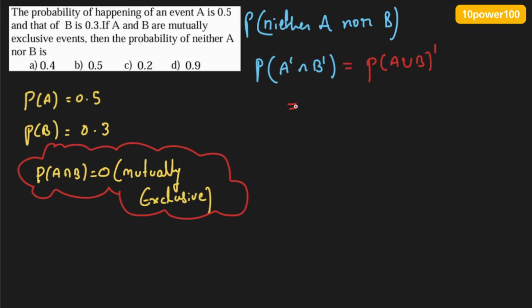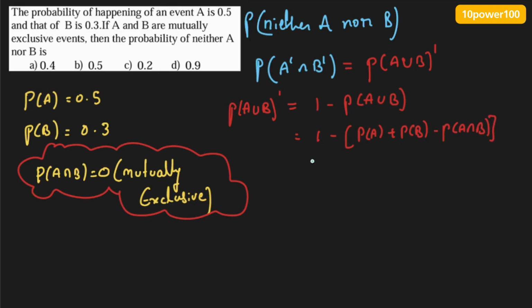Now any not event can be taken as 1 minus the probability of the event, right? So the probability of A union B the whole dash is 1 minus the probability of A union B. Now with our actual formula we'll solve this. So 1 minus P of A union B can be taken as 1 minus, P of A plus P of B minus P of A intersection B. So everything becomes negative: 1 minus P of A minus P of B, and the P of A intersection B becomes positive.